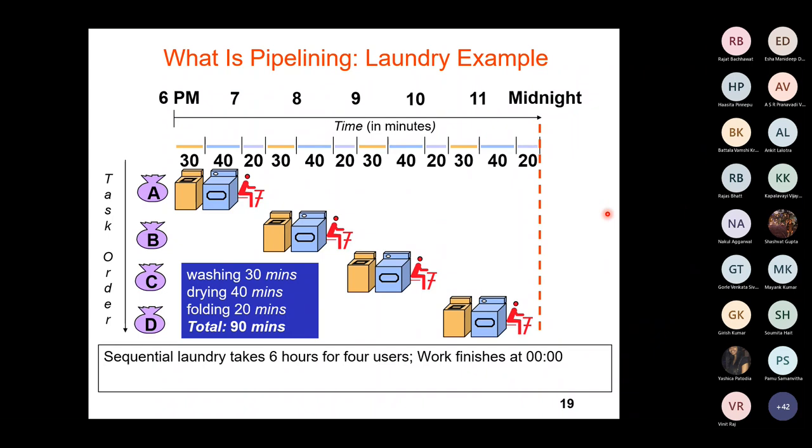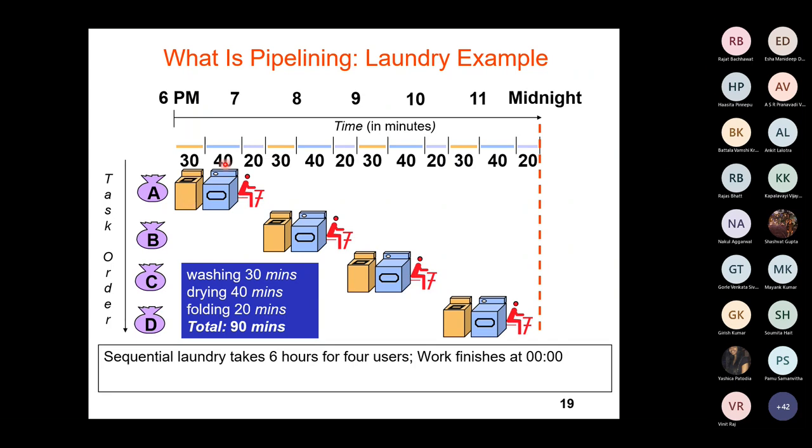Can you do better? Yes, sir. This is obvious, right? In real life, as soon as the washing is finished and A moves to the dryer, user B may start using the washer, and so on.